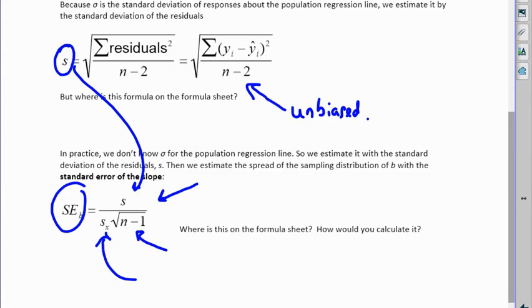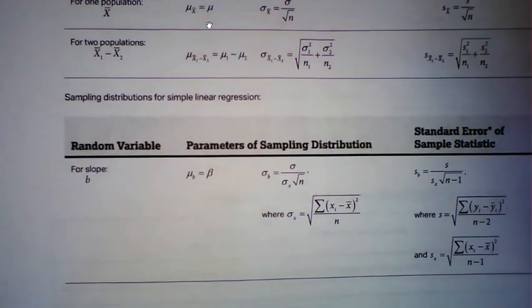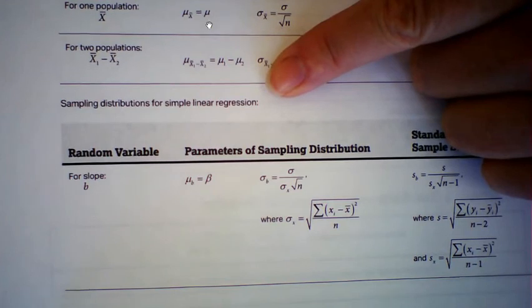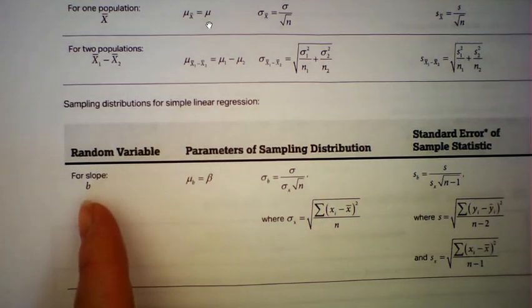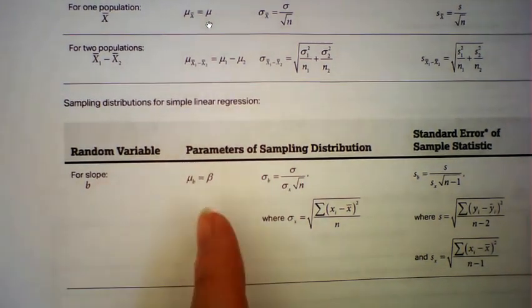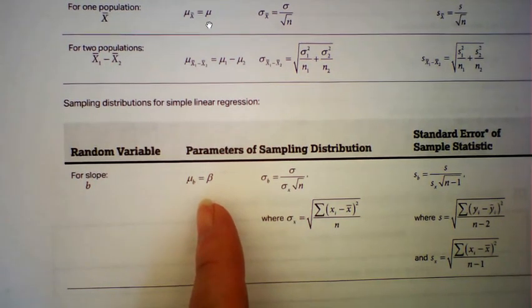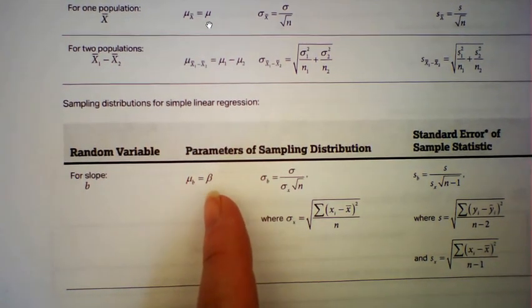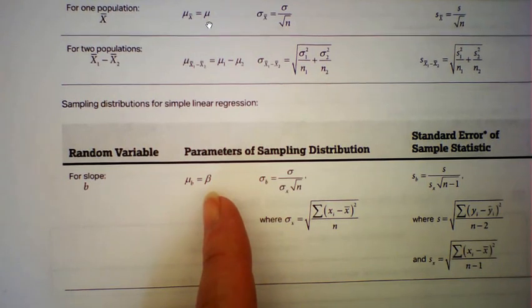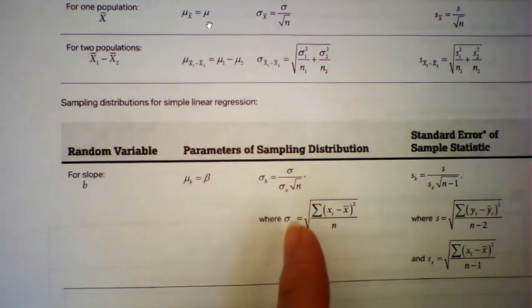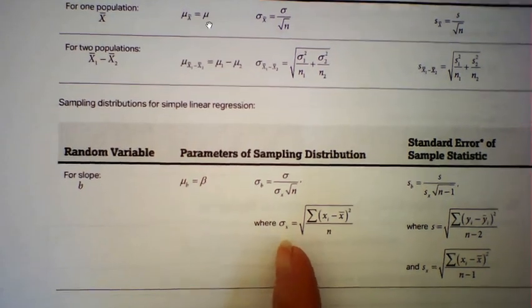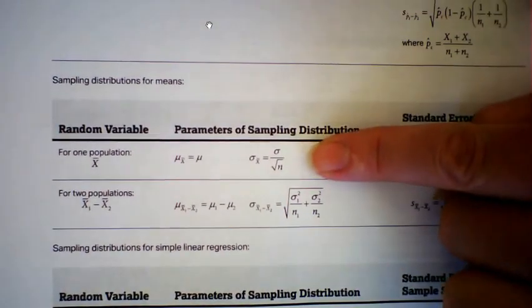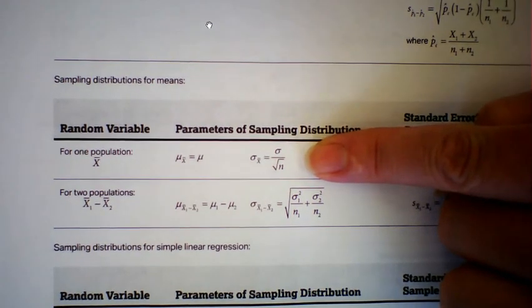estimator. On the second page of the formula sheet, you can see at the bottom of the page, sampling distributions for simple linear regression. So if we're trying to look at the slope, our best estimate of the population value will be the sample value. Make sense? Just like when we were looking at means.